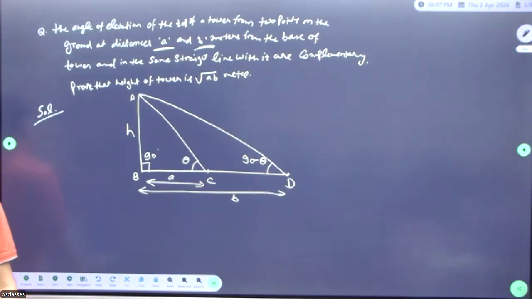If you take this as B, then BD becomes A. Angles are complementary.